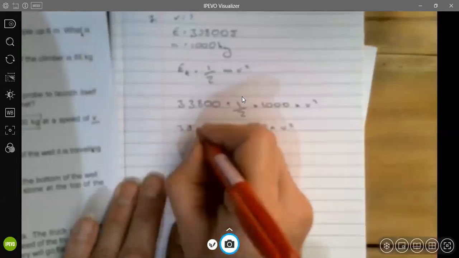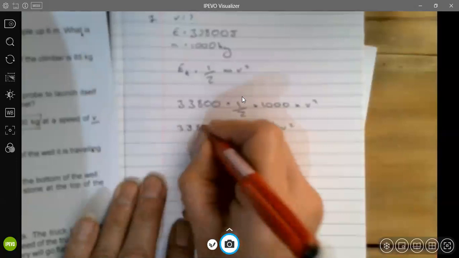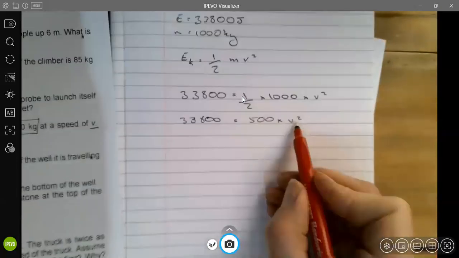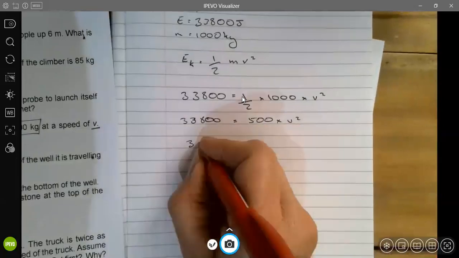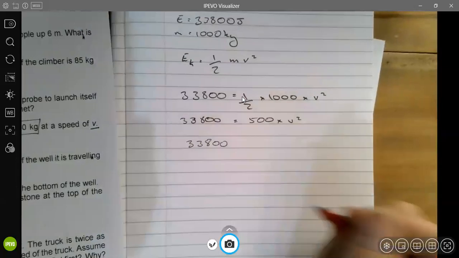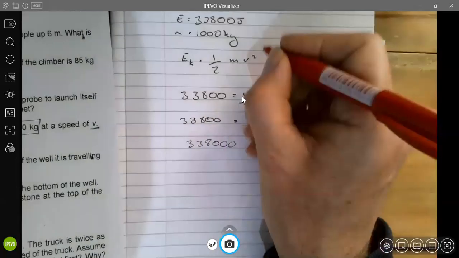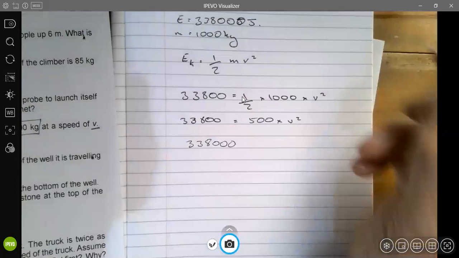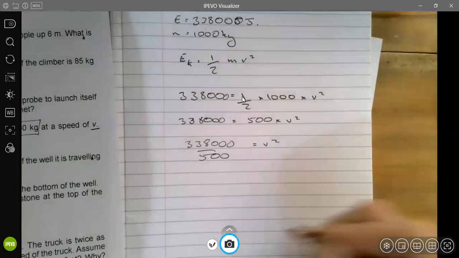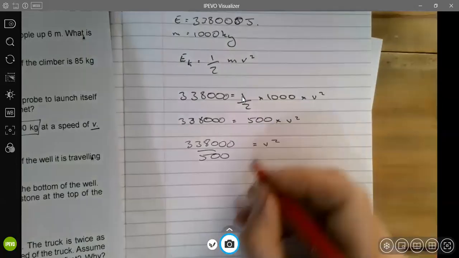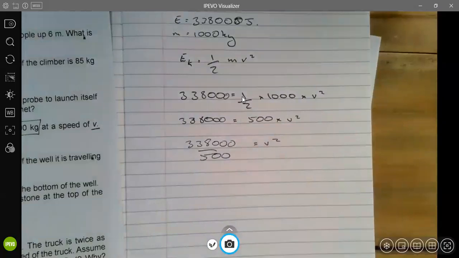So 33800 is equal to 500 v squared. Now I want to make v squared the subject, so I'm going to divide through by 500. 33800 divided by 500 is equal to v squared, which gives 676.